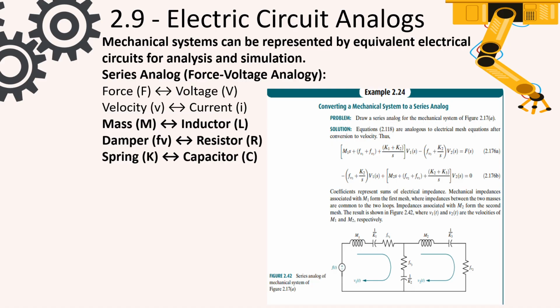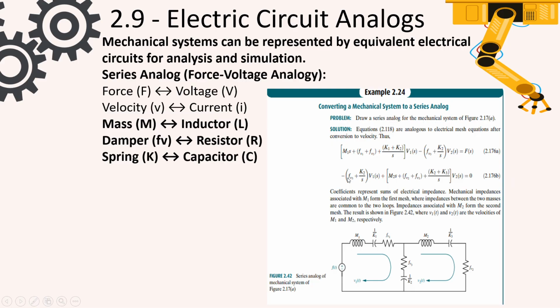This is our example, which is to draw a series analog for the mechanical system of figure 2.17. Okay, this is mass Ms squared plus viscous plus K1 plus K2, over s, times voltage V1, minus viscous plus K2 over s times V2, equals F(s).